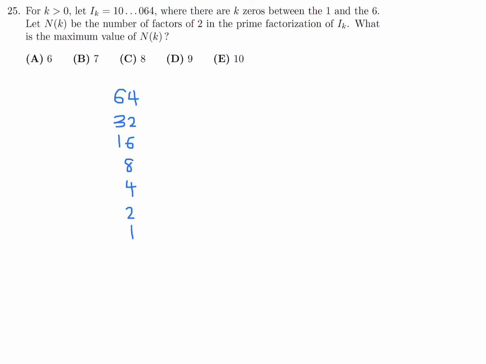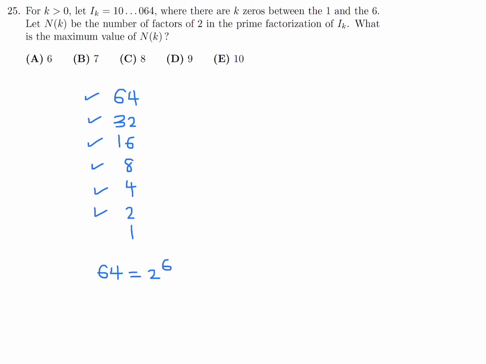So how many times was I able to divide by 2? 1, 2, 3, 4, 5, 6, right? And therefore 64 is equal to 2 to the power of 6. Now I can't keep going here because if I divide 1 by 2, I get a decimal. And that's not allowed because we can't do that with factors.